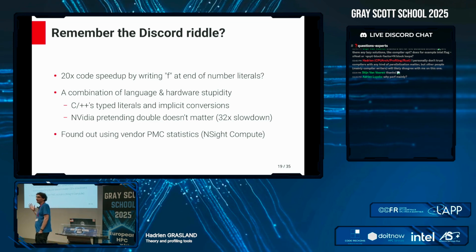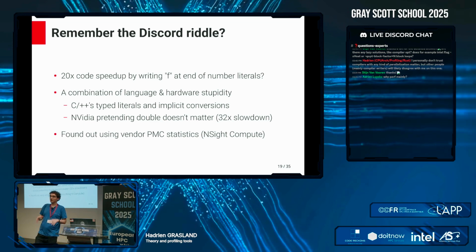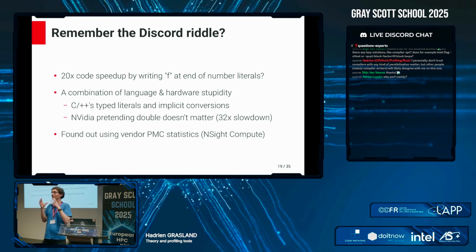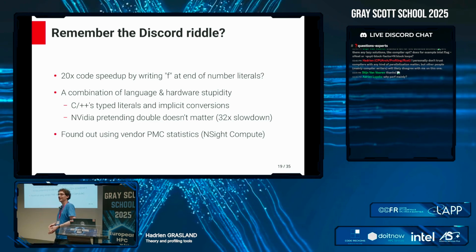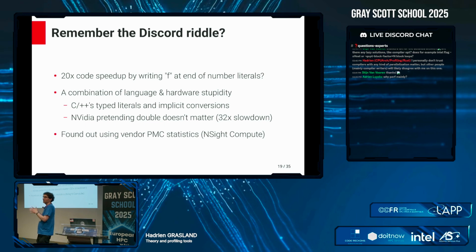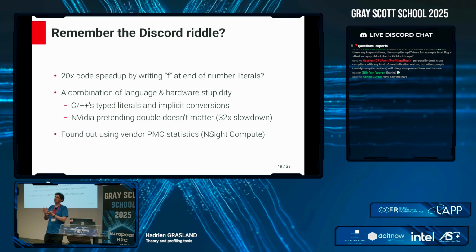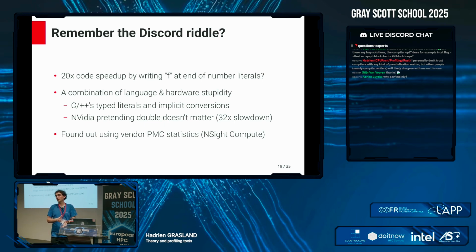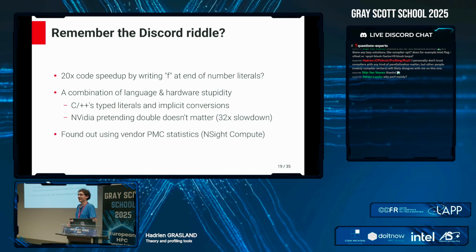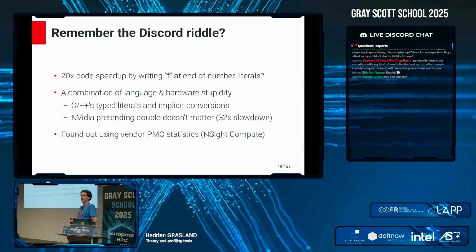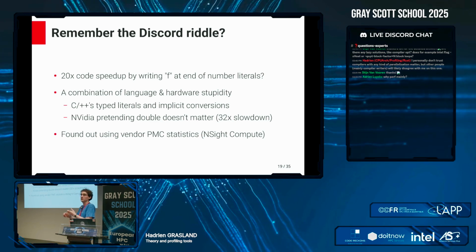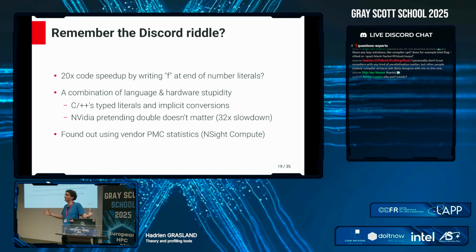How does something like this happen? It's actually a combination of two different stupid bits of infrastructure that this program happened to be using. One of them is the C++ programming language, which inherits stupid ideas from the C programming language for compatibility reasons. And two of these bad ideas are that in C, literals are typed. When you type a number, the compiler does not interpret it in the context of a surrounding expression.